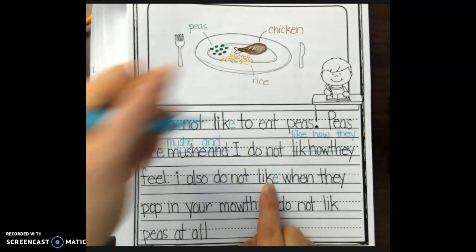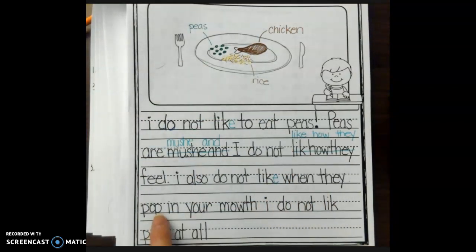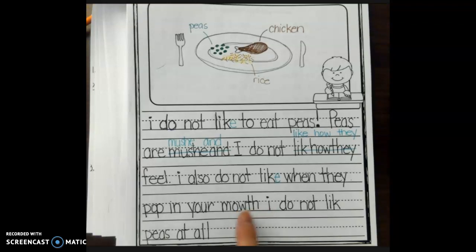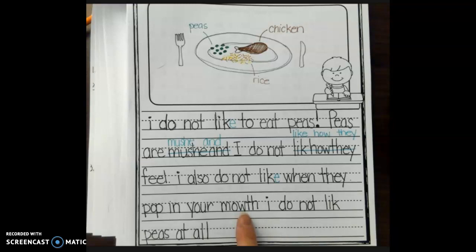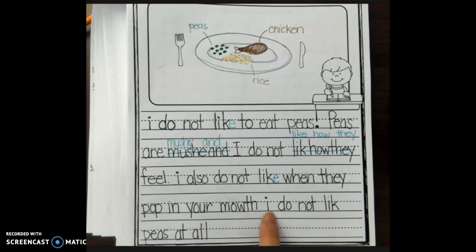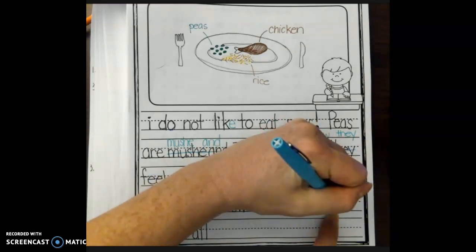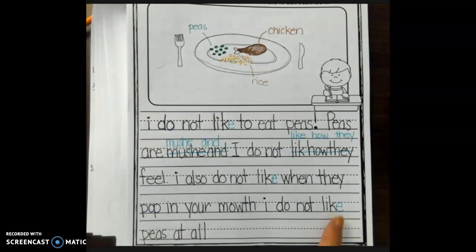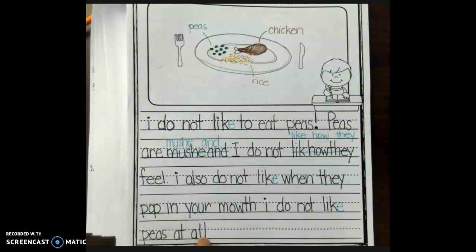An E. When they pop in your mouth. That was also a tricky word, but it's not a snap word, so it's okay if it's not spelled correctly. I do not like, there we go, peas at all.